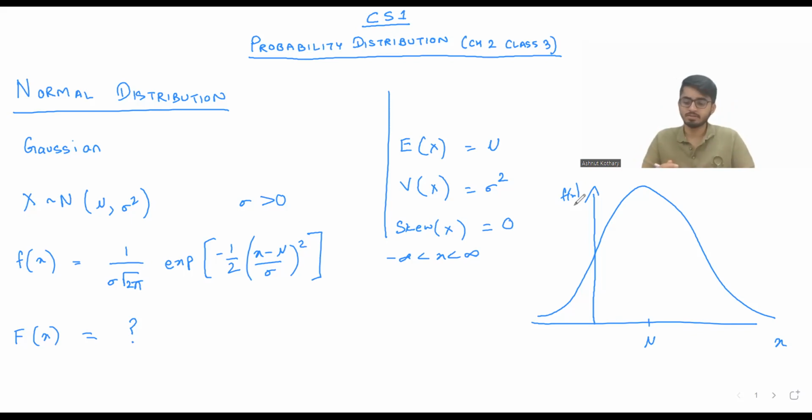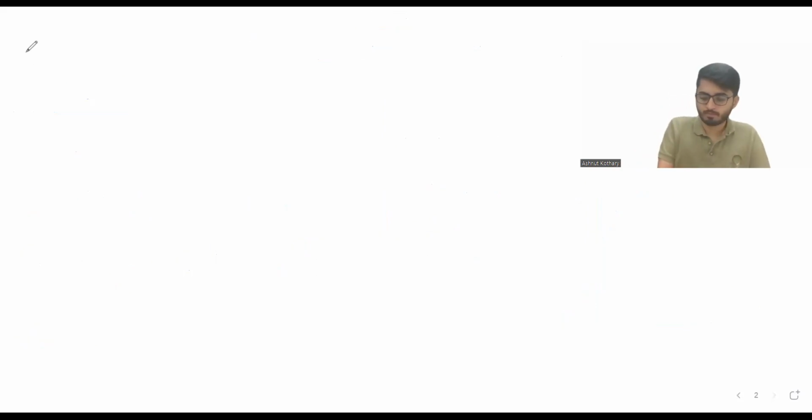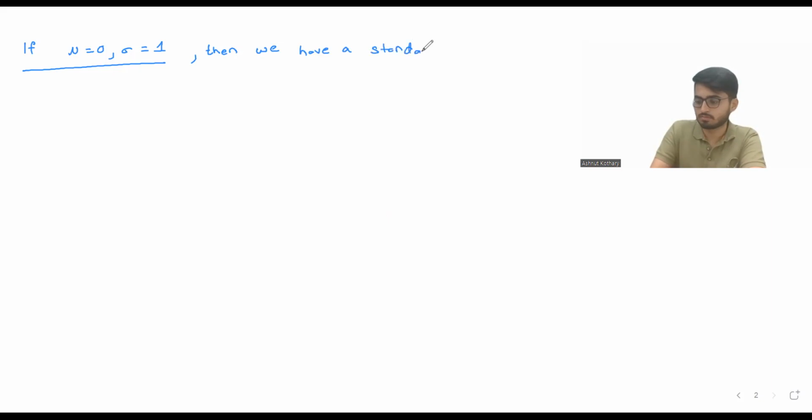A special case is the standard normal distribution. So give the heading standard normal distribution. If mu is equal to 0 and sigma is equal to 1, then we have a standard normal distribution.